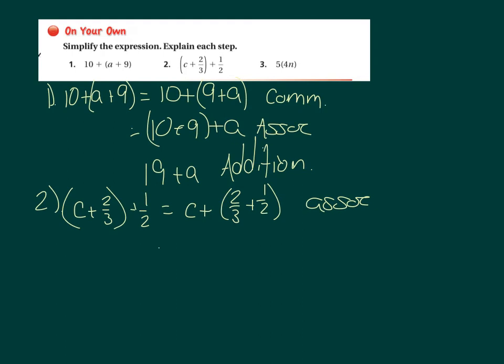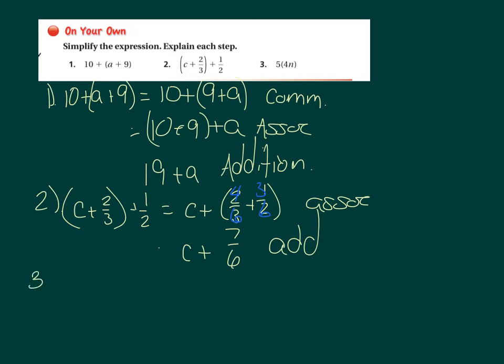Then we just add like terms. We want to change those denominators to 6's, so that 3 changes to a 6, the 2 changes to a 4, the 2 changes to a 6, the 1 changes to a 3. We add those two together and we get c plus 7 over 6, and you can just leave it like that and we can say addition property.